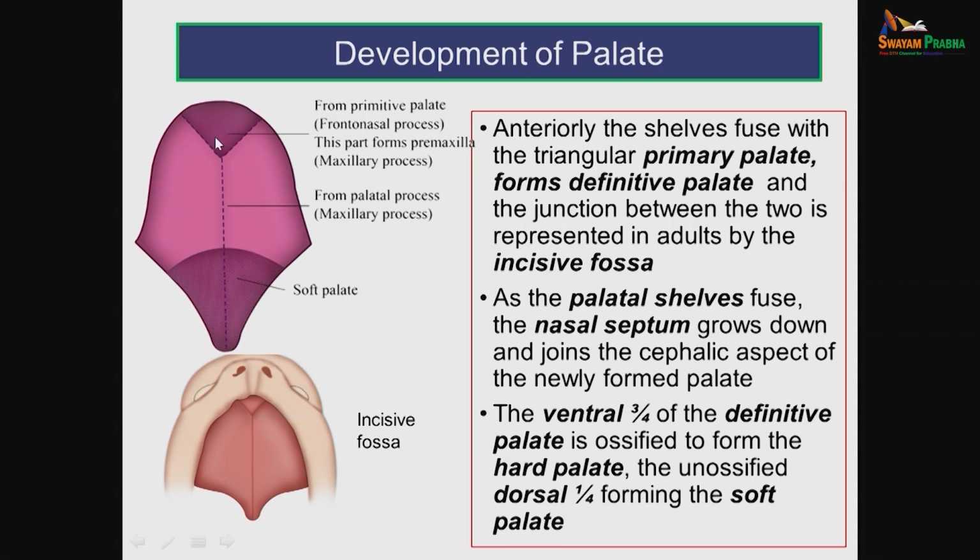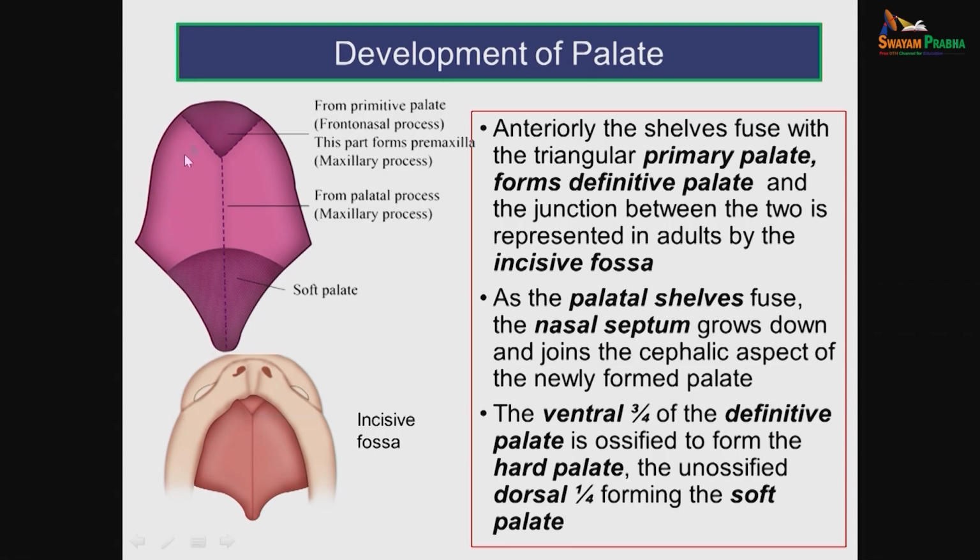So, the primary palate and secondary palate are fusing to form the definitive palate. At this stage, when the palatal shelves are fusing, the nasal septum is going to come and join the cephalic aspect of the newly formed palate. The junction between primary and secondary palate is called the incisive fossa.